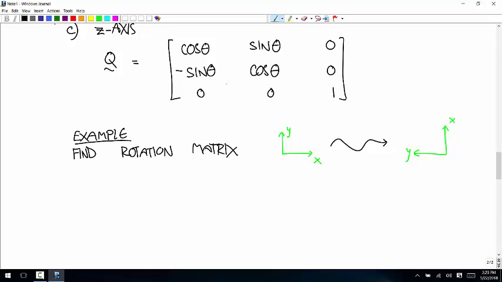So this rotation is positive 90 degrees about the z-axis.